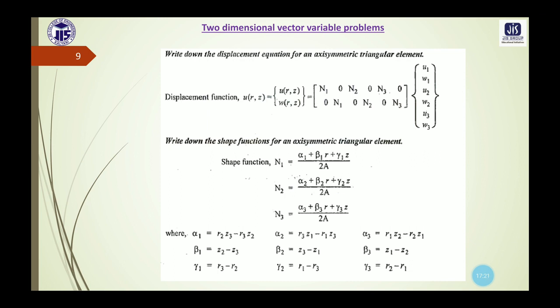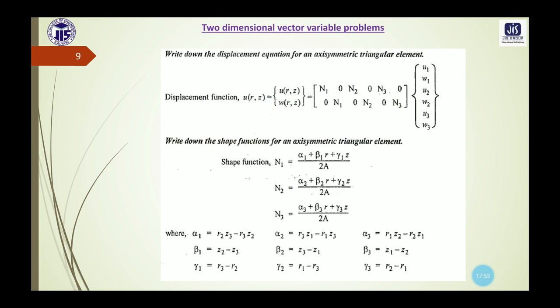Next we have the question to write down the formula for the displacement equation for an axisymmetric triangular element. This is the formula for the displacement function, that is u(r,z), as we consider the cylindrical concept, that is r, z, theta. The column matrix of u(r,z) and w(r,z) equals a 2 by 6 matrix N multiplied by a column matrix of u1, w1, u2, w2, u3, w3.